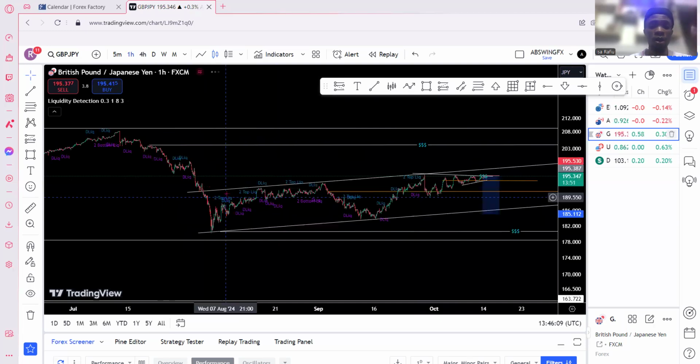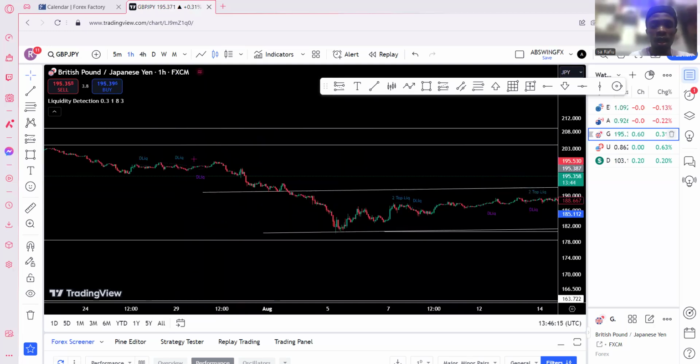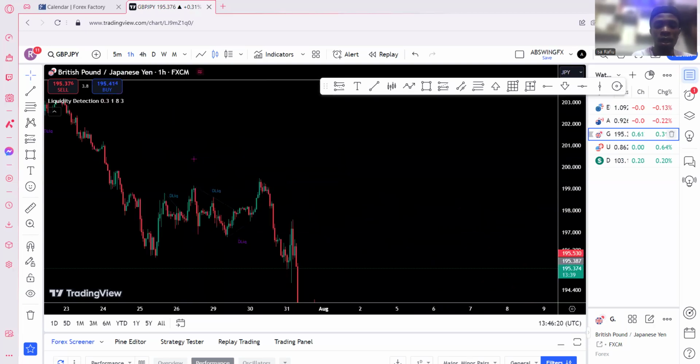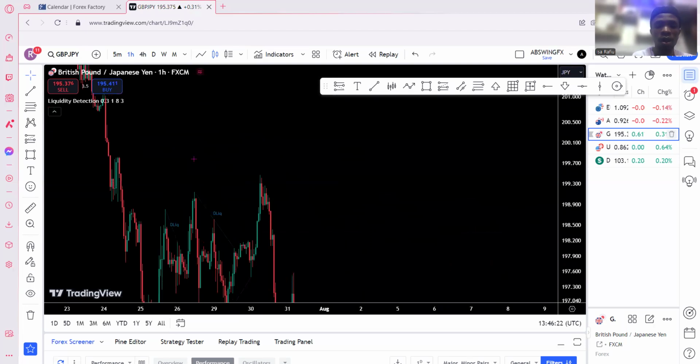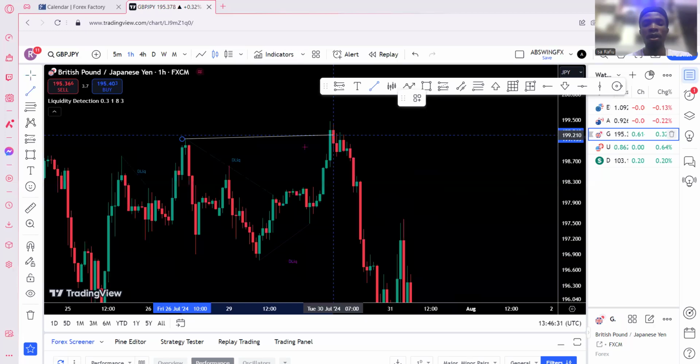And if we go to the 1 hour time frame, I discovered, oh, very good. We see a liquidity around this area. What did the market do when we have this liquidity? The market can firstly come back and sweep the liquidity.